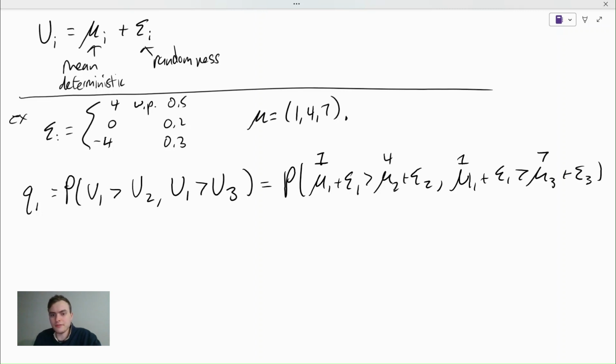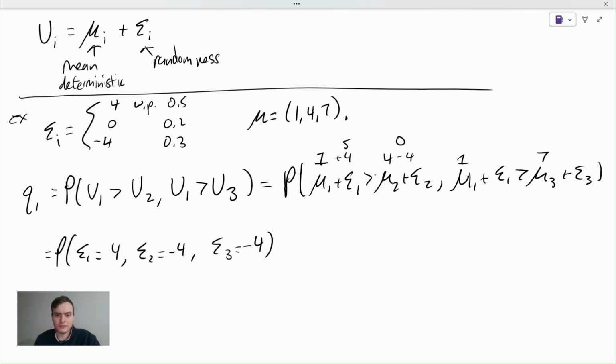And then we can look at what the possible values for epsilon i are, so that epsilon1 is so big that 1 plus epsilon1 is greater than 4, and epsilon2 is so small, right? So if epsilon1 was 4, epsilon2 was negative 4, and epsilon3 was negative 4, then we'd have 1 plus 4 is 5, and 4 minus 4 is 0.